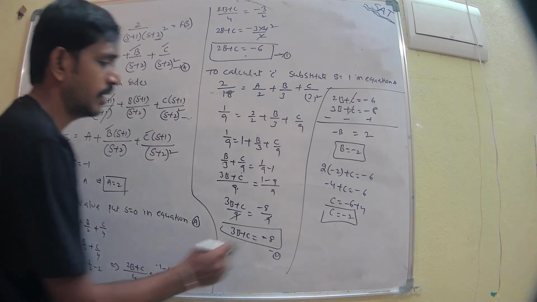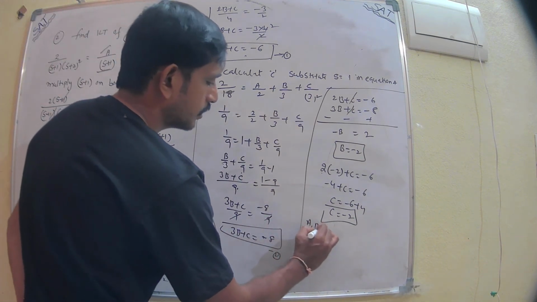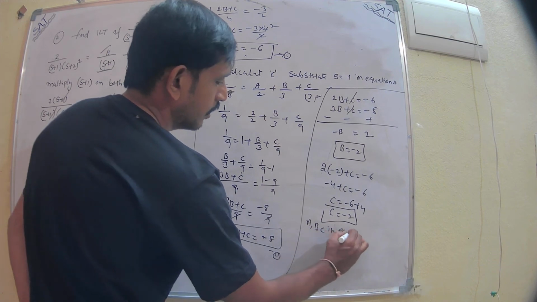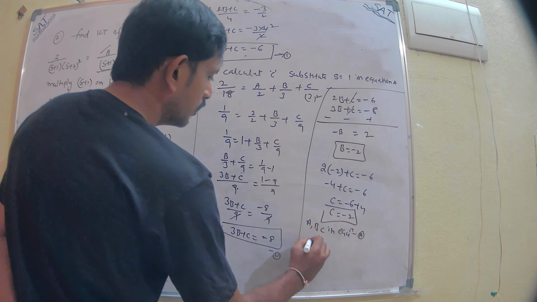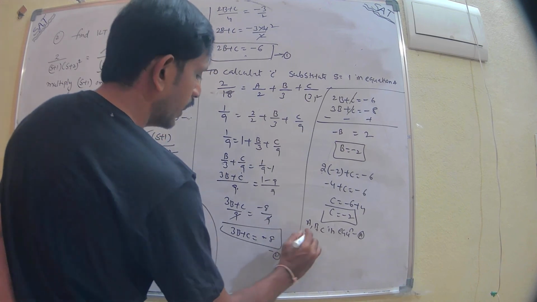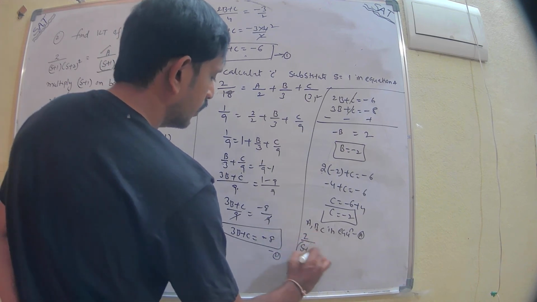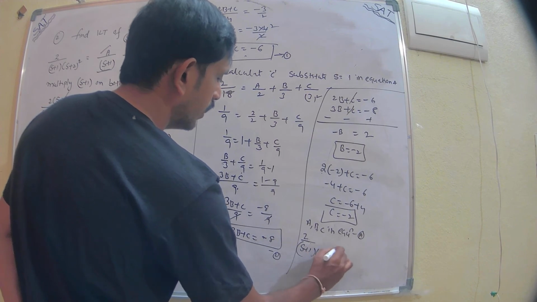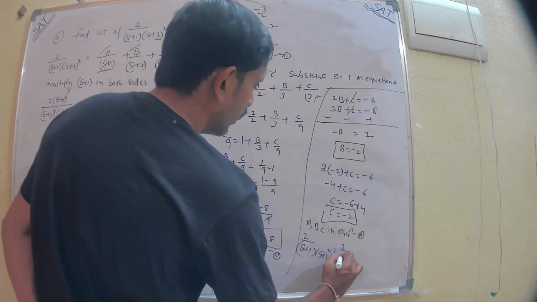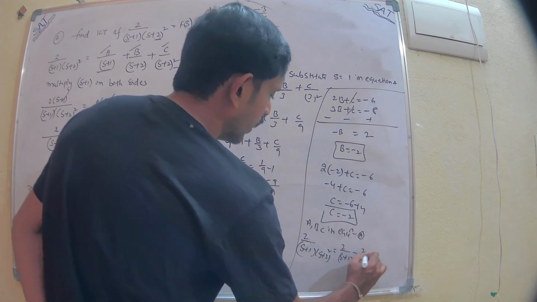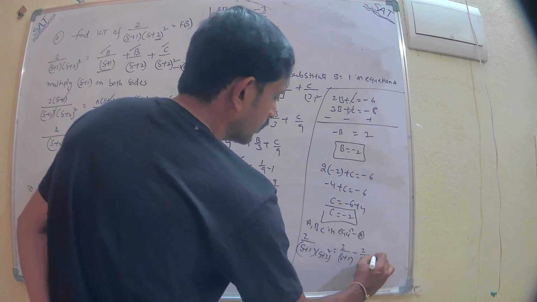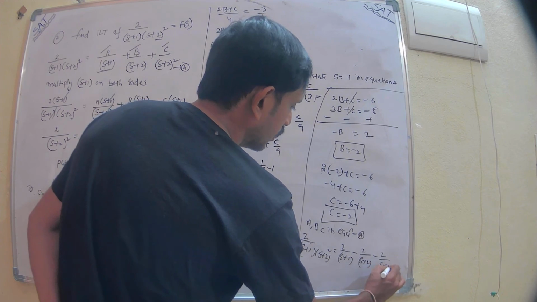Substitute A, B, C in equation A. This gives 2 by (s plus 1) (s plus 2) whole square, that is 2 by (s plus 1), B is minus 2, so minus 2 by (s plus 2), C is minus 2, so minus 2 by (s plus 2) whole square.